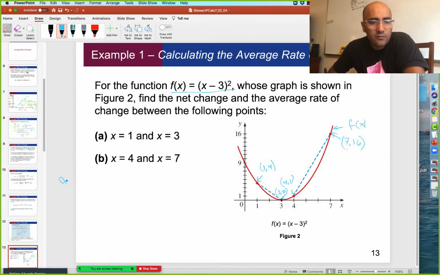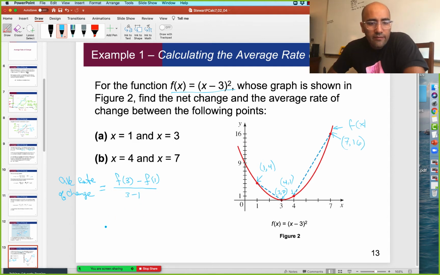The average rate of change between these 2 points is going to be equal to f of 3 minus f of 1 divided by 3 minus 1. Good.